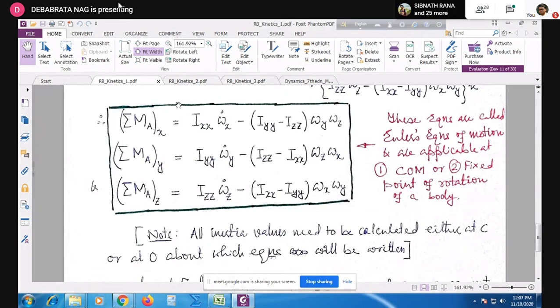So this is about the Euler's equation. Then I said that we can have some relaxations from the Euler's equations, relaxations of the requirements of the assumptions.